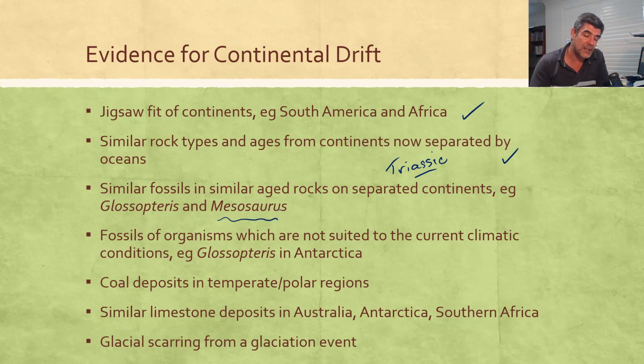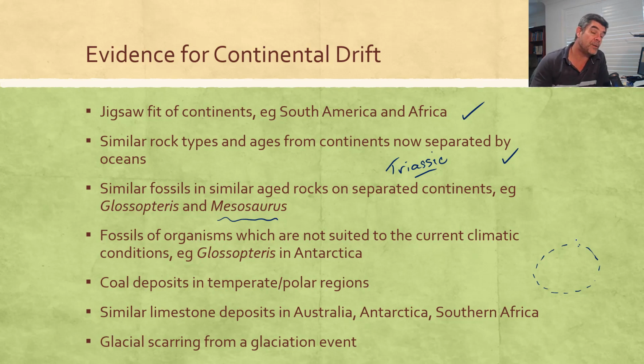Limestone deposits that are similar between Australia, Antarctica and South Africa, and also some glacial scarring. And sometimes you can see diagrams which show almost a little band of glacial scarring that actually covers parts of each of those continents in a nice organized pattern. So there's lots of different evidence that supports this idea of continental drift.